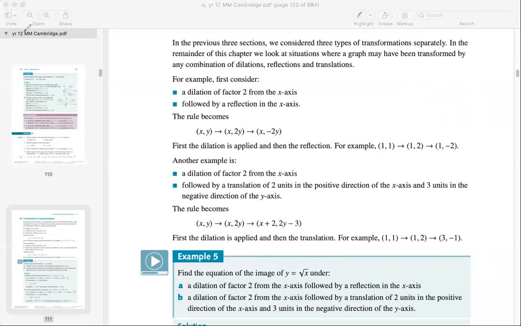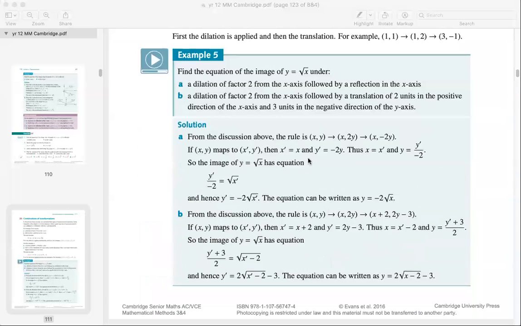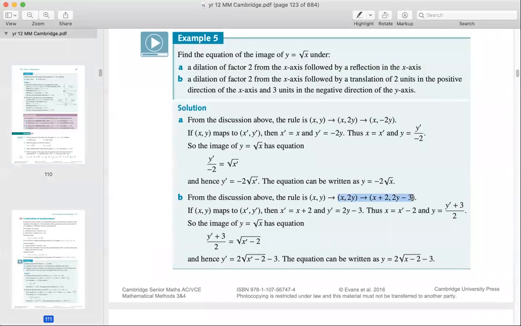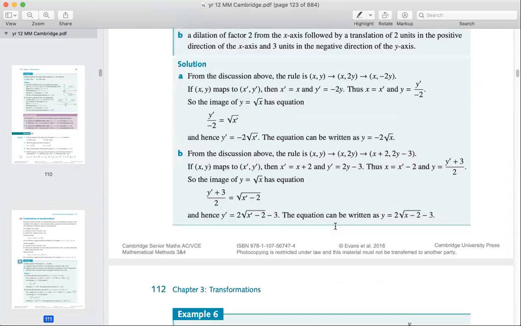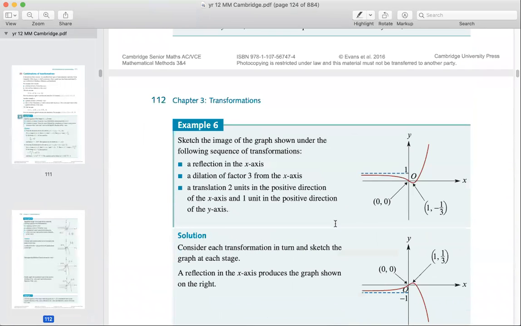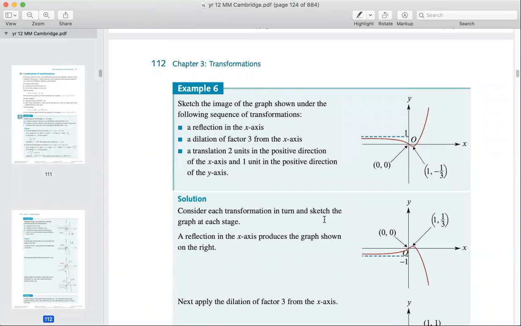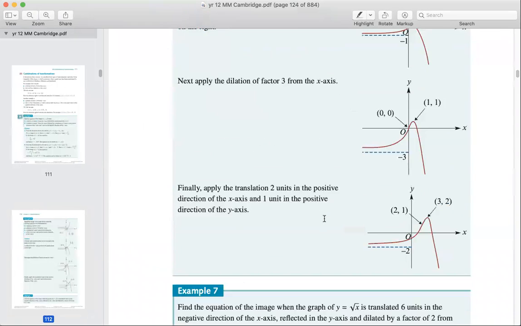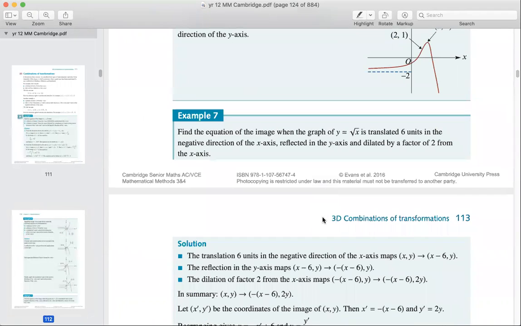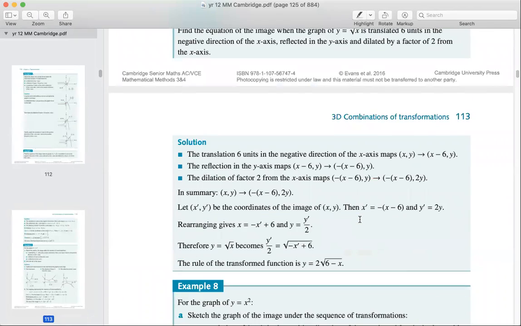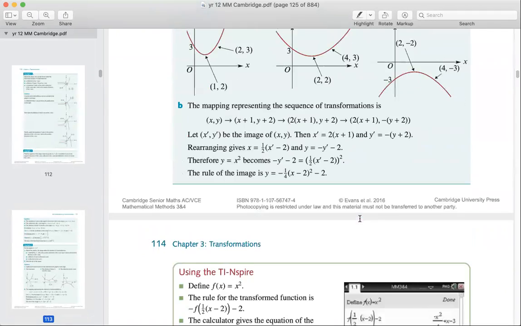Okay, let's check. Yep, once we got this one, which maps to (x dash, y dash), we'll just solve. Okay, use linear algebra. So question 6, example 6, use the same thing, and example 7, same thing. So you can always check.